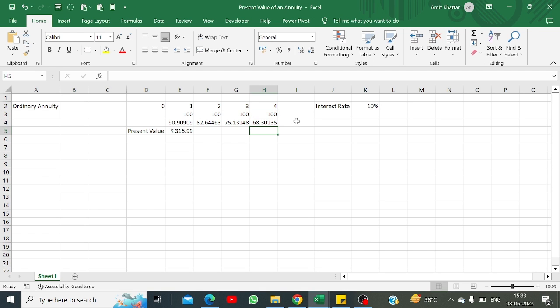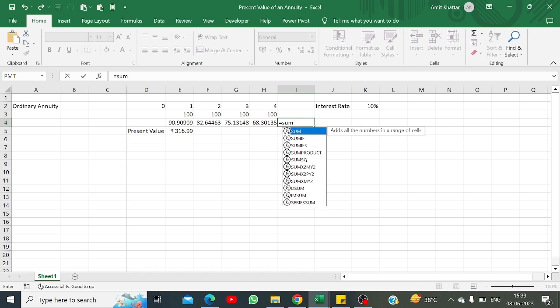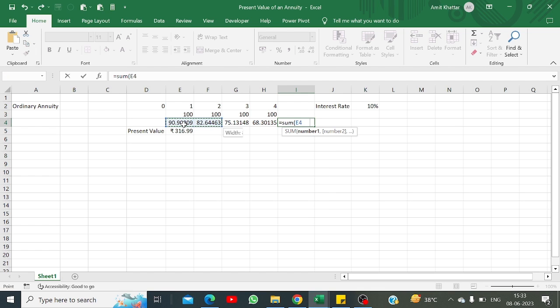So my net present value would be summation of all the 4 elements. So this will be same as 316.99.